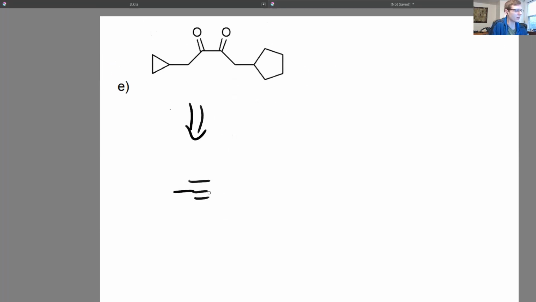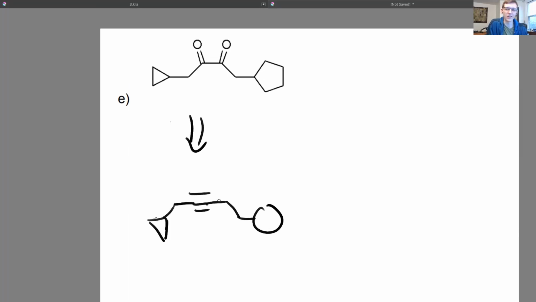So if we start with an alkyne, and then we have this triangle here, and on this side, well, I'm way too lazy, so we have that ring. If we start with this and give it KMnO4, in this case cold and dilute again, this is what you wind up making.